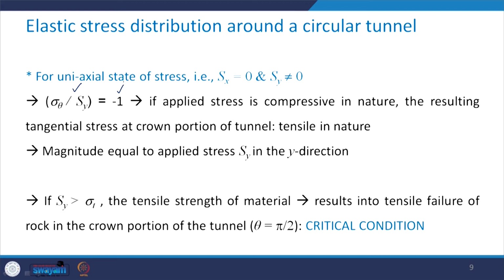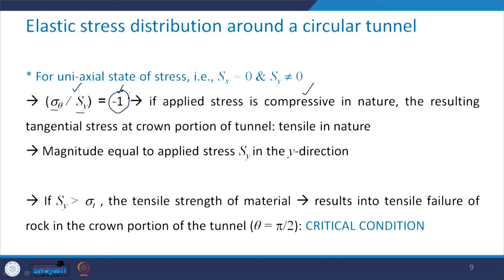If the applied stress is compressive in nature, the resulting tangential stress at the crown portion of the tunnel becomes tensile in nature, because you see that the ratio of these two is minus 1.